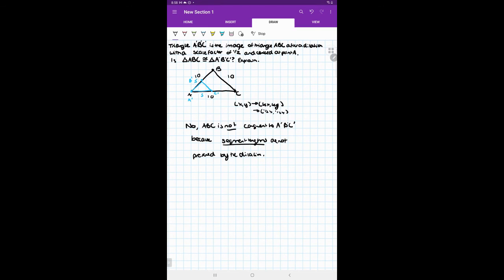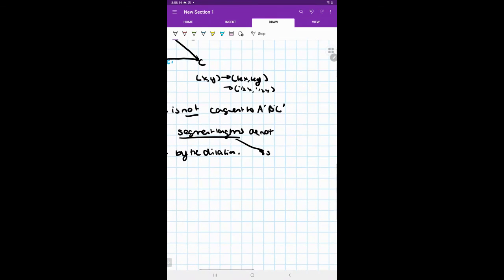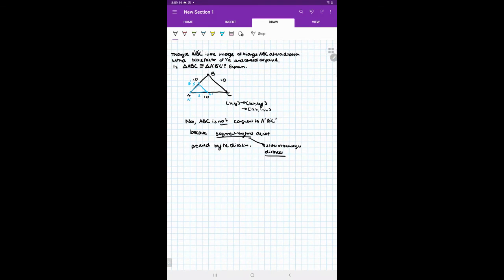And so segment lengths, sides of the triangle, my goodness, my handwriting, distances, which is the idea of distances that came up in the definition of rigid body motion. Yeah, so that's it.